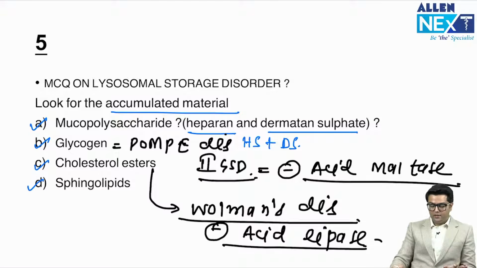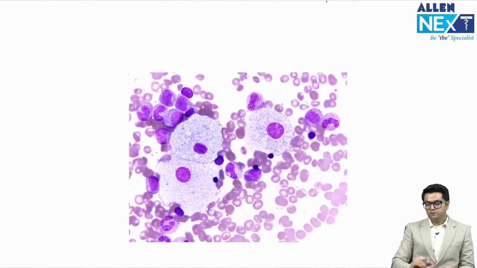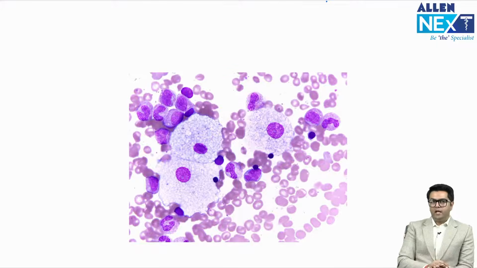Fine guys, that's sphingolipidosis. If the sphingolipids are accumulated, what you have to remember is only 3 points: the name of the disease, the name of the enzyme and accumulated material, and the unique histopathological examination point.